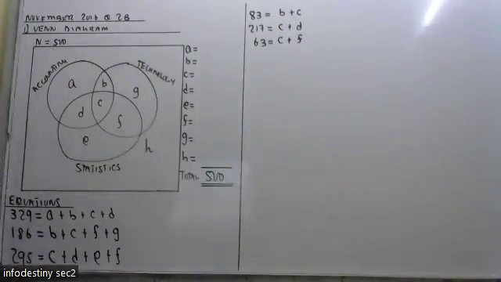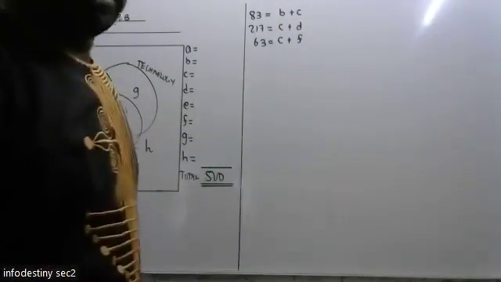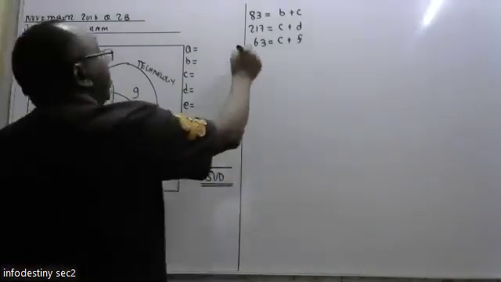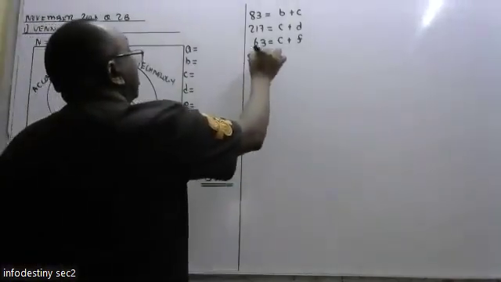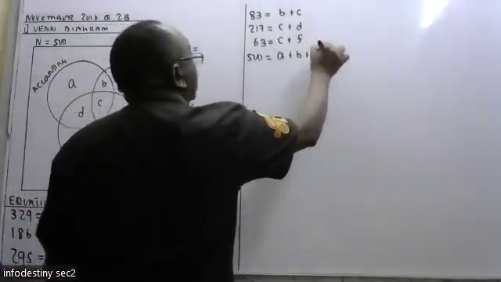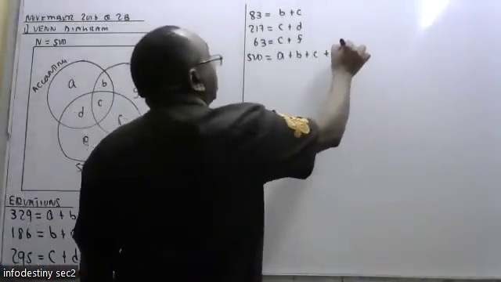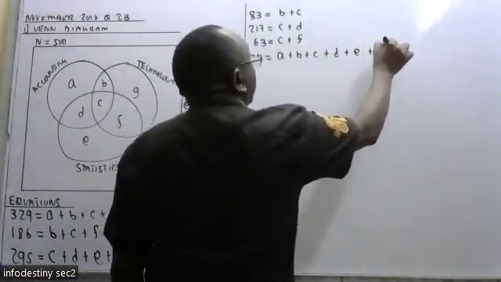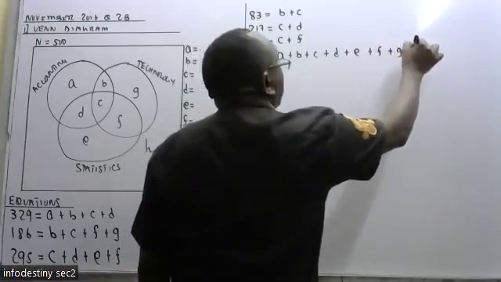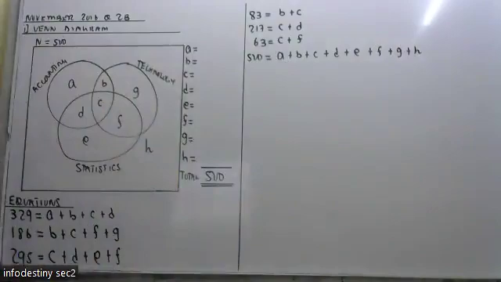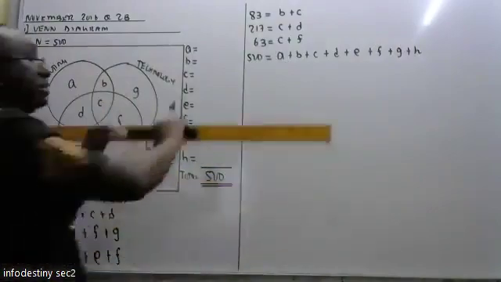And now, you bring the whole equation, 500 is A plus B plus C plus D plus E plus F plus G plus H. Those are the equations that we can be able to get.